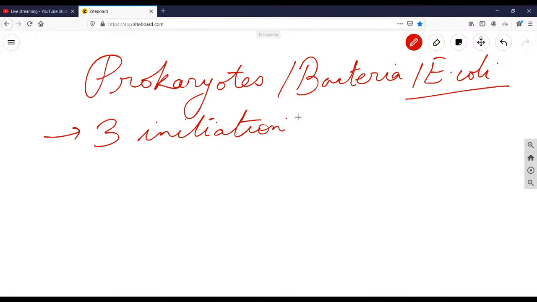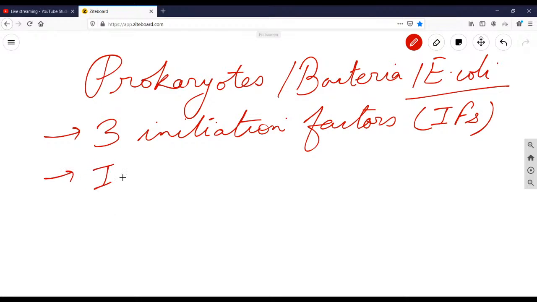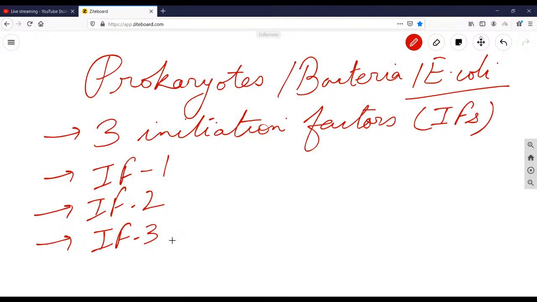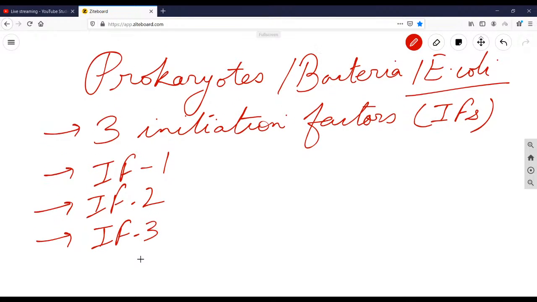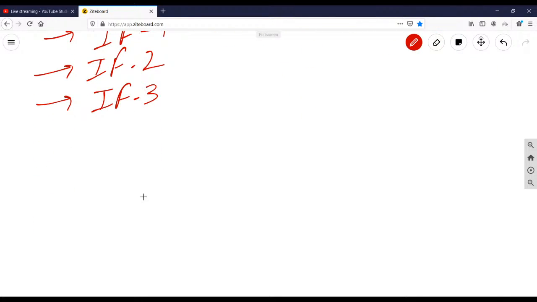Initiation factors are proteins, also known as IFs: IF1, IF2, then IF3.